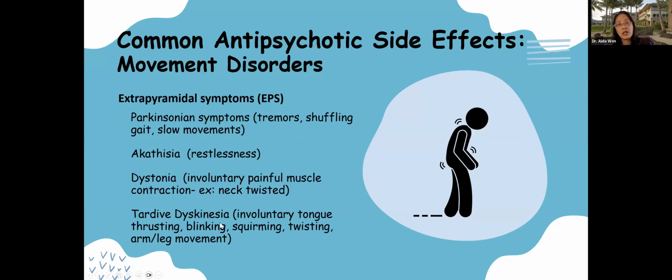And another one is tardive dyskinesia that may develop over time, where you may see rapid blinking, squirming, twisting, or the tongue thrusting, like that, or twisting, and arm movements, and legs crossing and uncrossing and up and down, changing positions all the time. So this type of restlessness and twisting and squirming and abnormal, involuntary movements, they're not trying to do this.